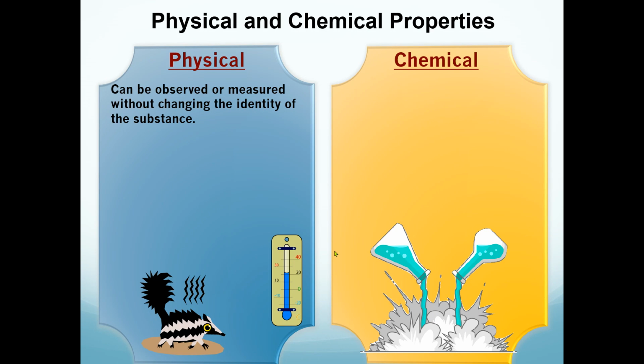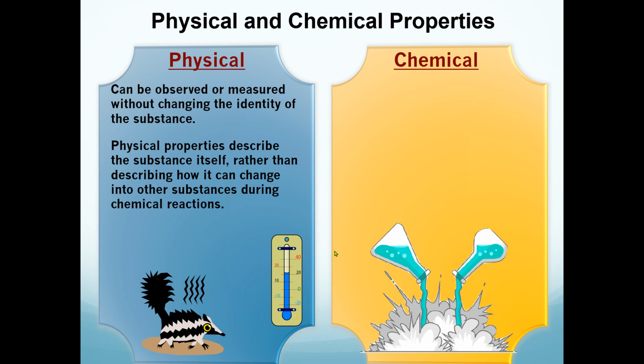Well, if I take away the smell, is it still going to be a skunk? Probably. A skunk is a skunk. If I boil water and it evaporates, is it still H2O? It is. So these are things that just don't change what they are.